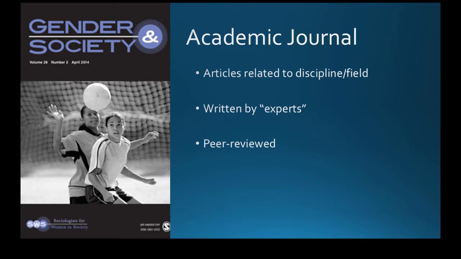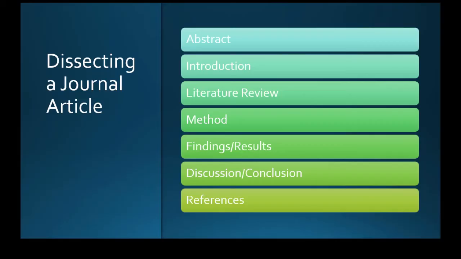Students often find academic journal articles overwhelming. That's partially because of their length. They do tend to be long pieces of writing, but I think that it's probably more related to not understanding that there's a very common structure that academic journal articles follow. And once you've mastered that structure, it can be much easier to figure out what's going on within those articles.